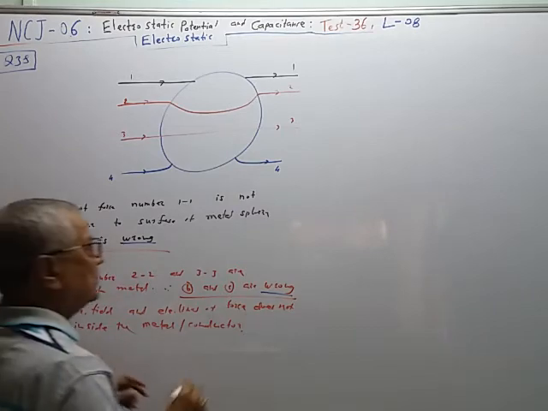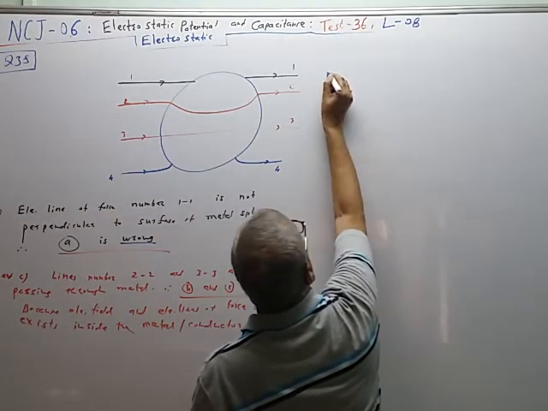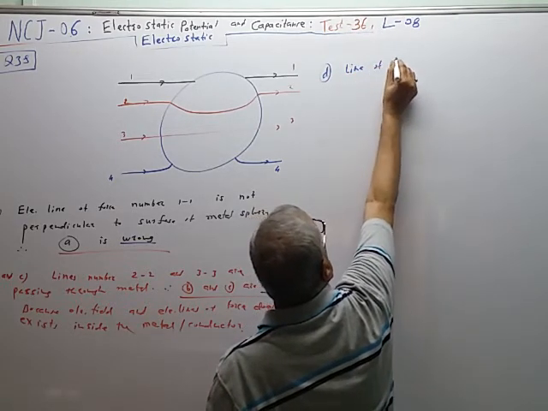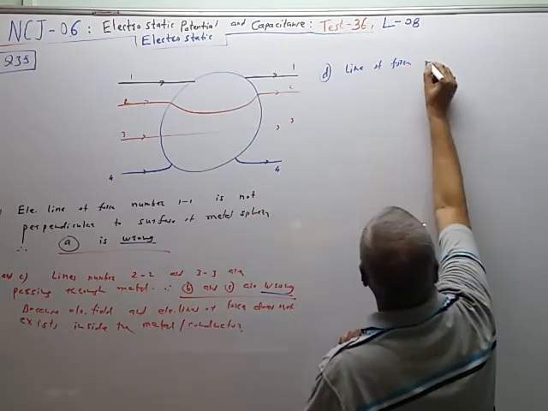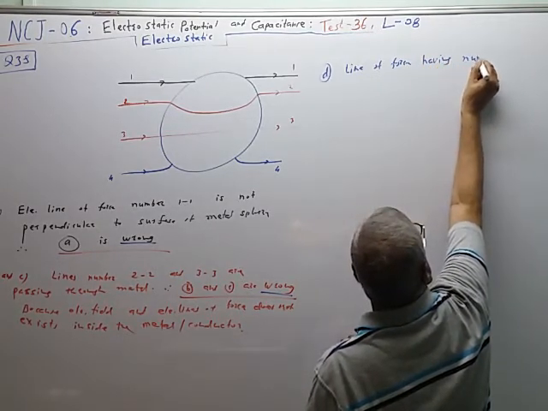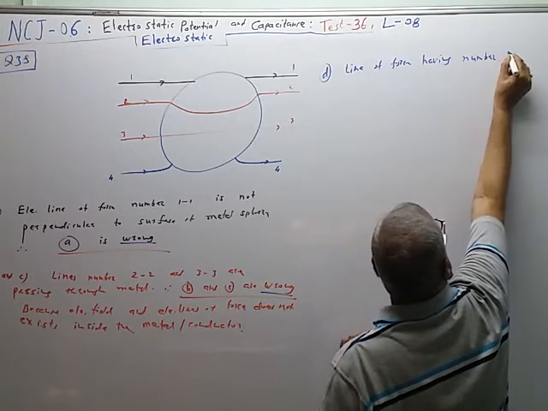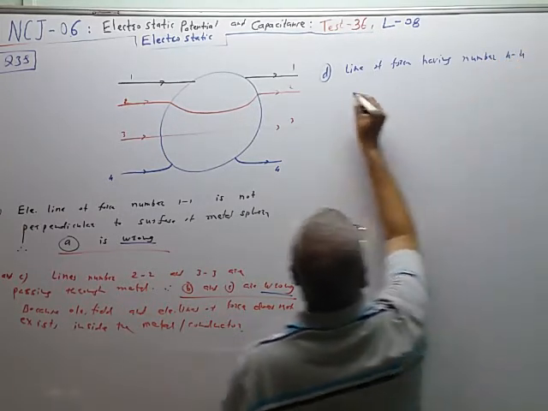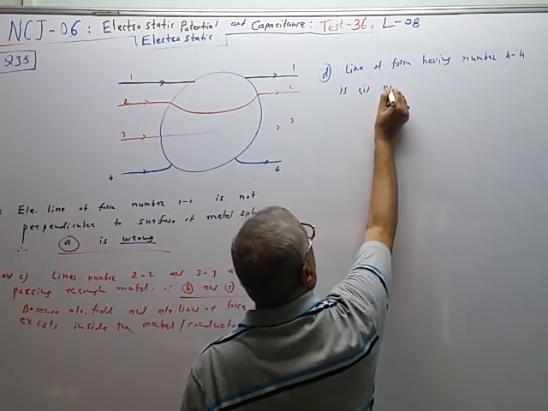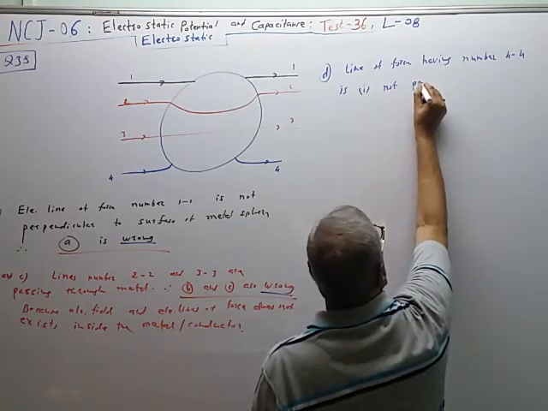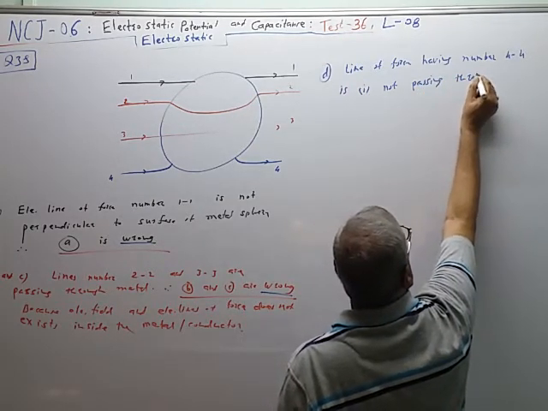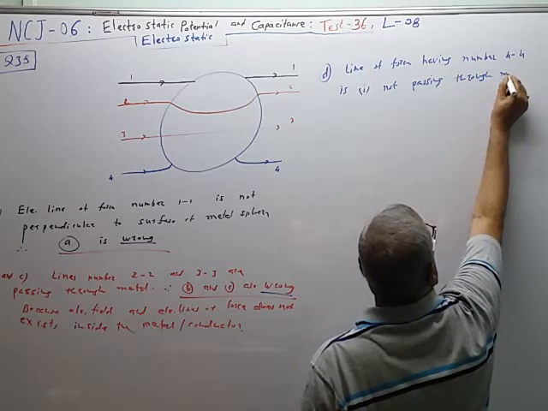Now D is correct. Why? D. Line of force having number 4 is not passing through metal.